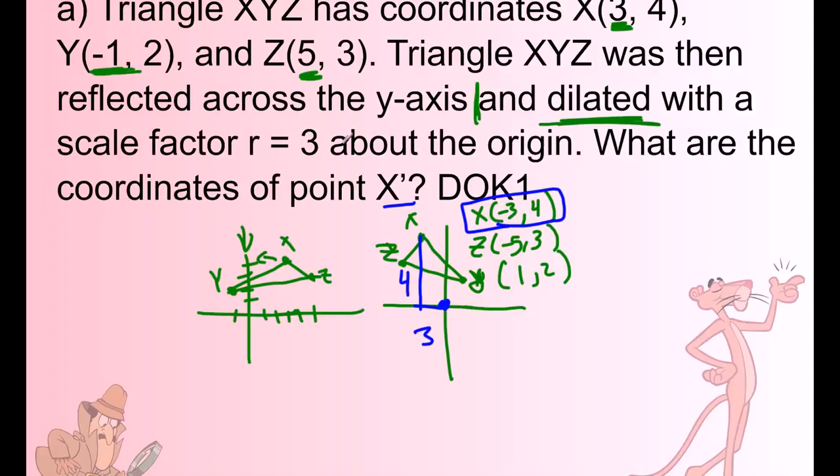If I would dilate with a scale factor of 3, it's going to be 3 times farther away. So I'm going to take both of those dimensions and multiply by 3, which means I'm going to be going 9 units this way and 12 units that way to get my x prime.